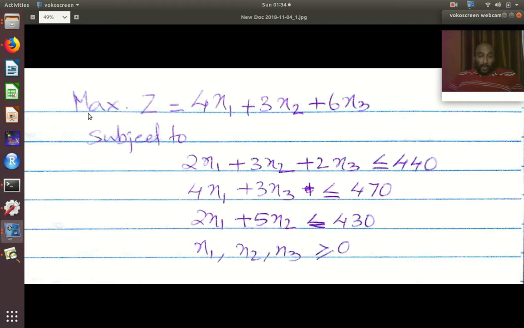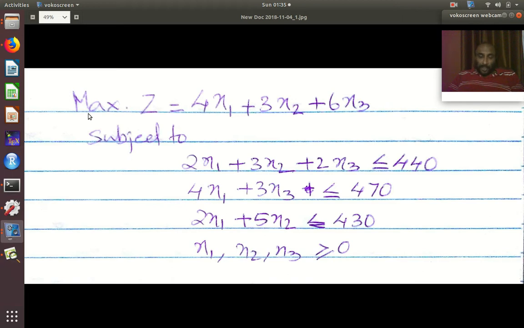This is a problem which is formulated as an LPP from a given set of conditions. In this problem we will now see how to solve it using the simplex method.